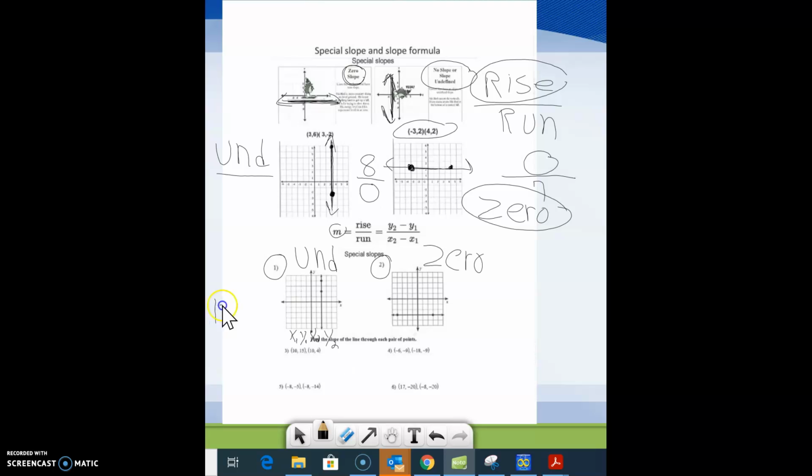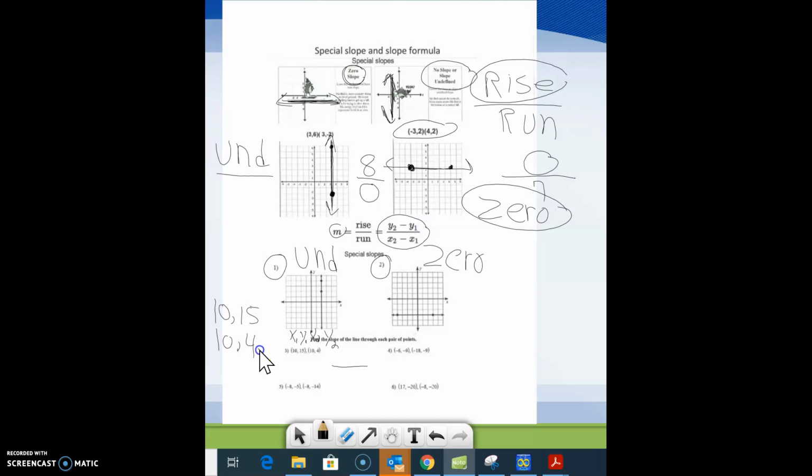Now what I like to do is I like to line the points up so I can easily put them into the formula. So you'll notice I'm just taking x1, y1, x2, y2, lining them up. And then I'm going to put the numbers into the formula right up here. Right?